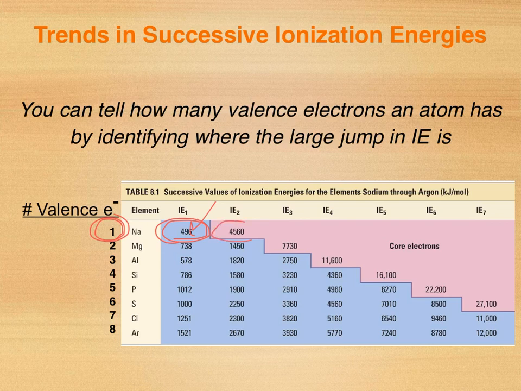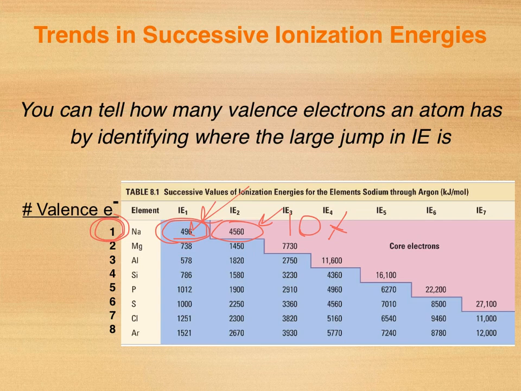As a matter of fact, it costs you 10 times more energy to remove one of sodium's core electrons than it did the one valence electron. And that's the case for all the elements. So again, if you're measuring ionization energies of an element and you don't know what the element is, wherever you see that huge jump in energy requirements would typically be when you reach the core.